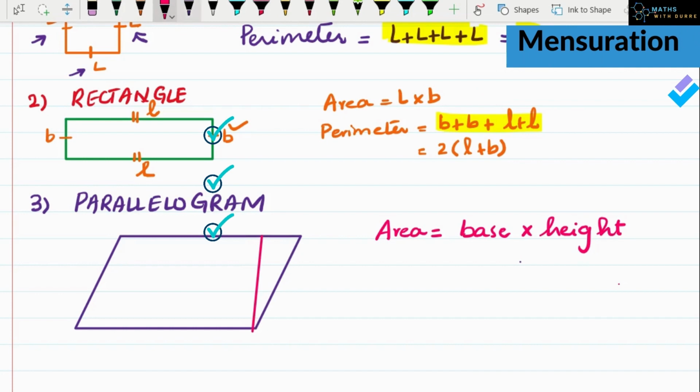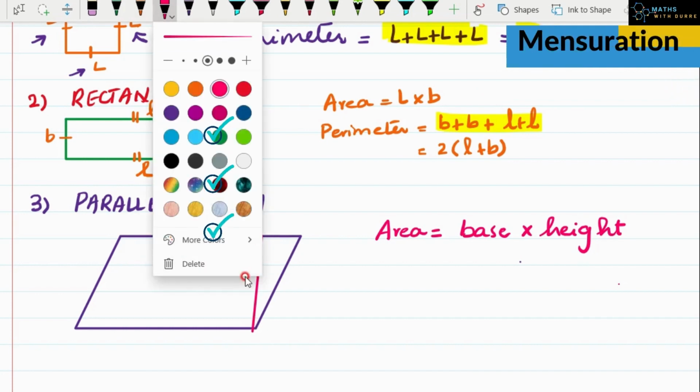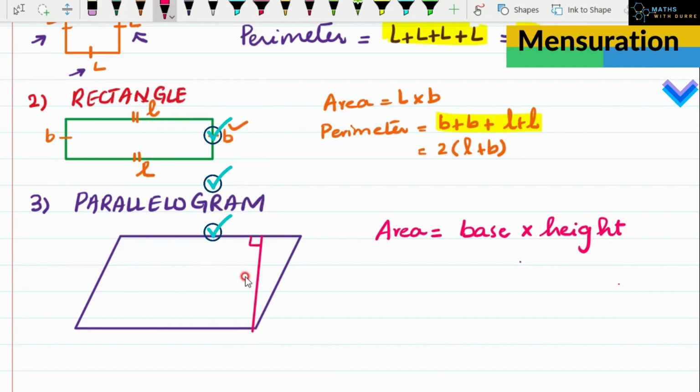Height should be 90 degrees always. Height should be 90 degrees. You can just observe here, that is 90 degrees, because height is always a perpendicular. And same as, you can say this one is a base or this one is a base.